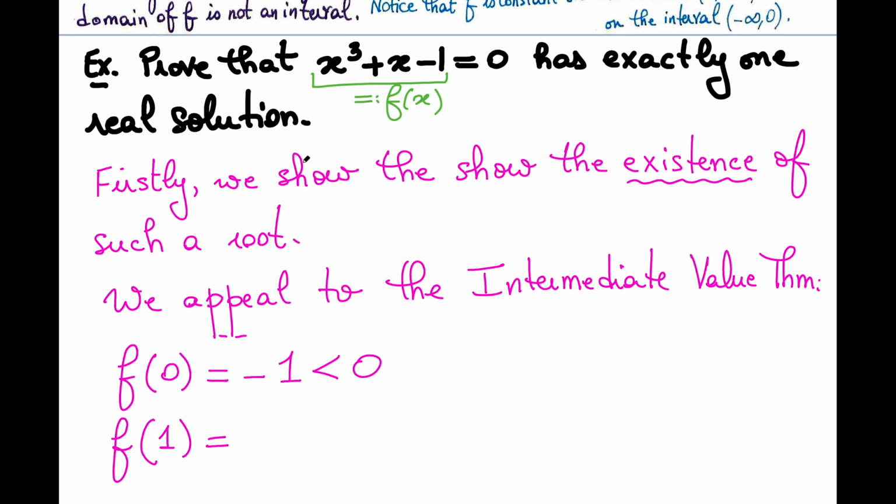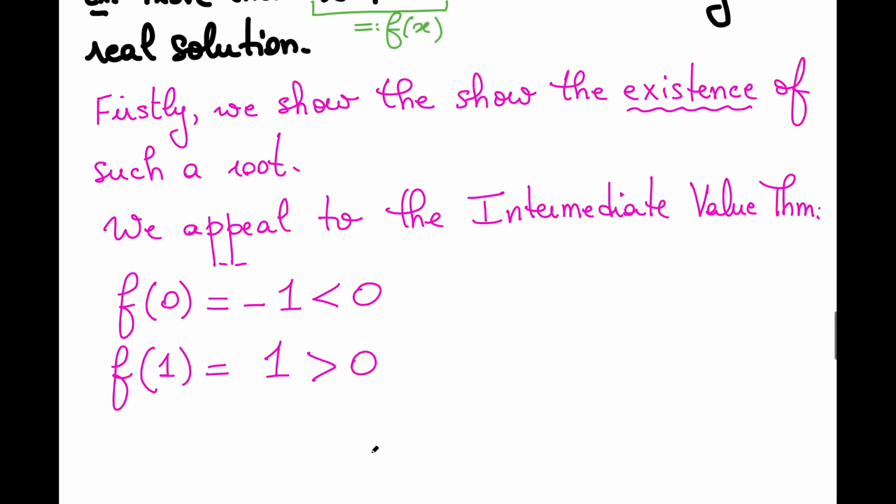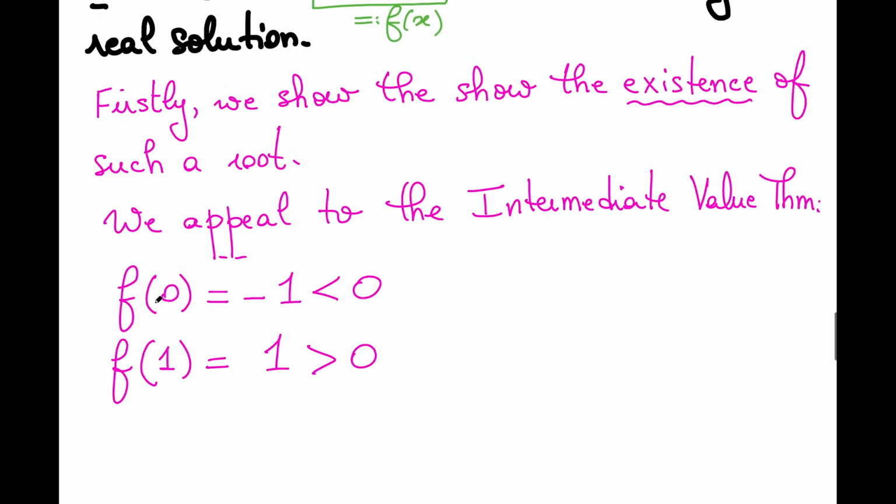Well, f of 1 is 1 cubed plus 1 minus 1, so it's 1 cubed, which is 1. So that's positive, correct? So the function between 0 and 1 went from negative to positive.